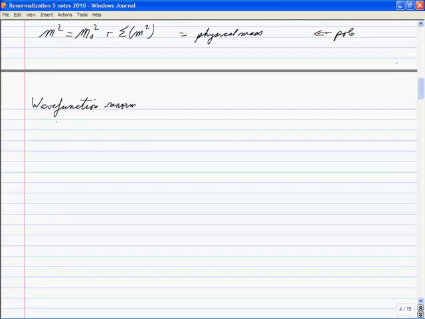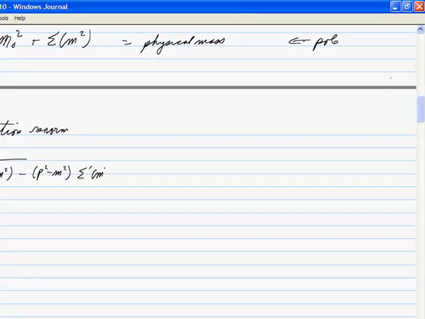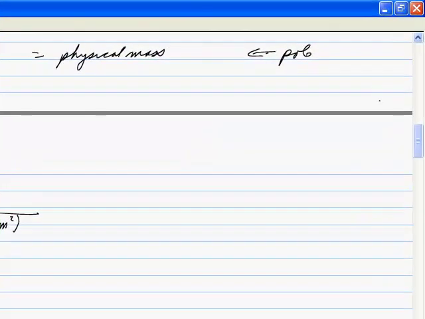Okay. Let's keep the next term in this expansion. So I've got i over p squared minus m0 squared minus sigma of m squared minus p squared minus m squared sigma prime of m squared. Okay. So now if we've identified m squared as this combination, then both these terms have p squared minus m squared in them.